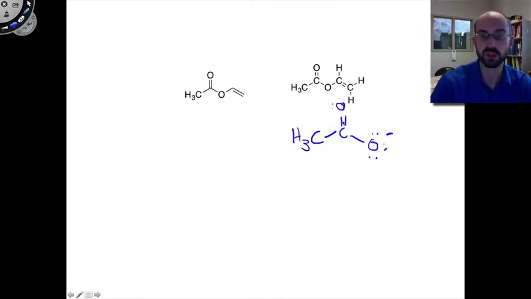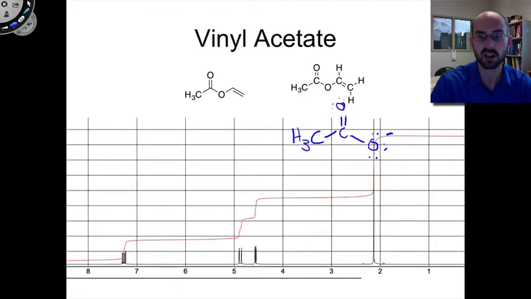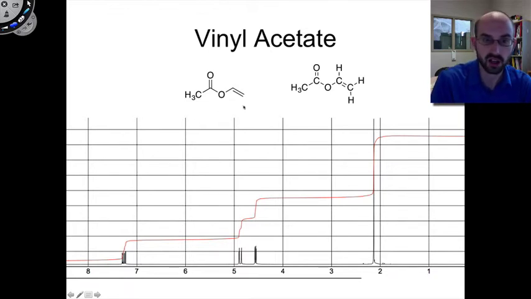And so we've got a very simple alkene attached to an acetate. So this molecule is called vinyl acetate. And what I've shown here is the NMR spectrum of vinyl acetate. Let's look at this for a second. What do we expect to see, and what do we actually see?